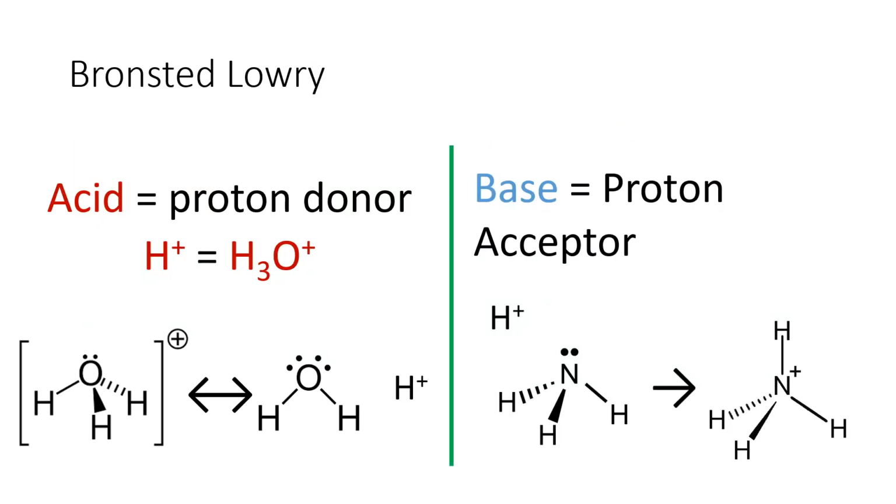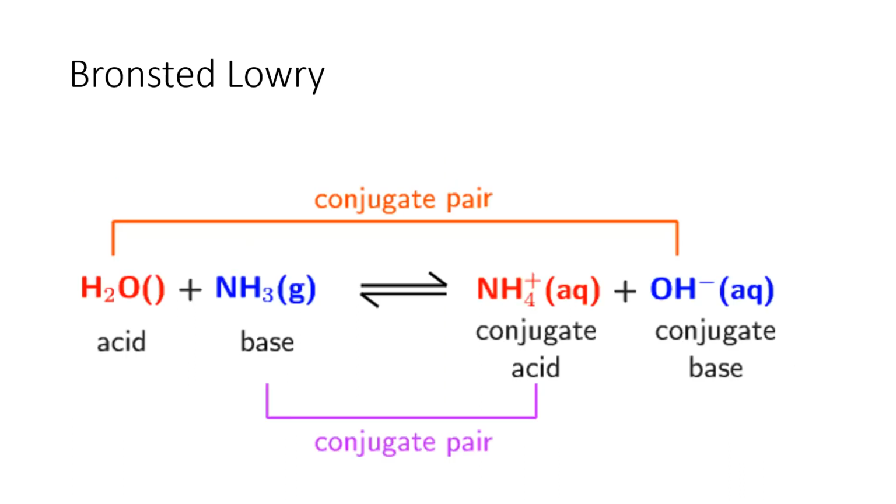Okay. So Bronsted Lowry, this you do need to know again. He said the proton donor and the proton acceptor. So when you do Bronsted Lowry stuff, you have to establish sort of this idea of a conjugate pair. So water in this situation was the acid. It gave its H plus to NH3.